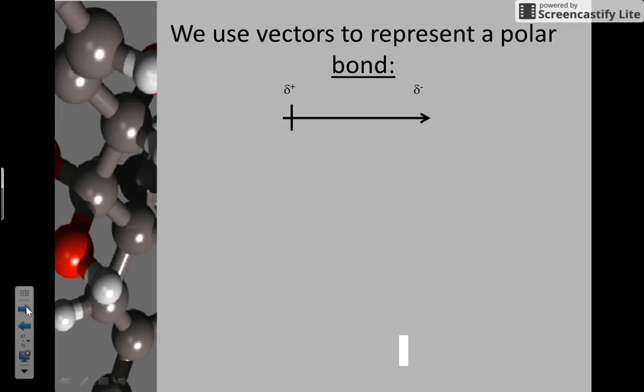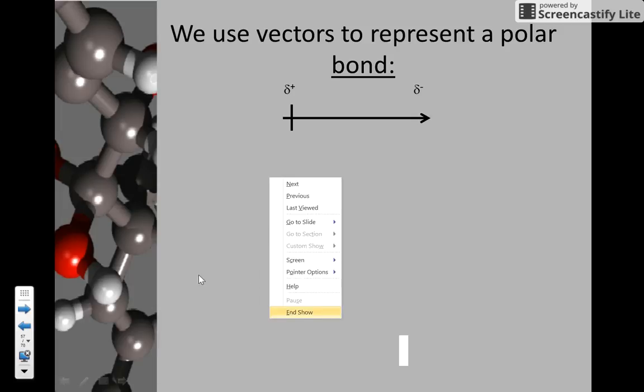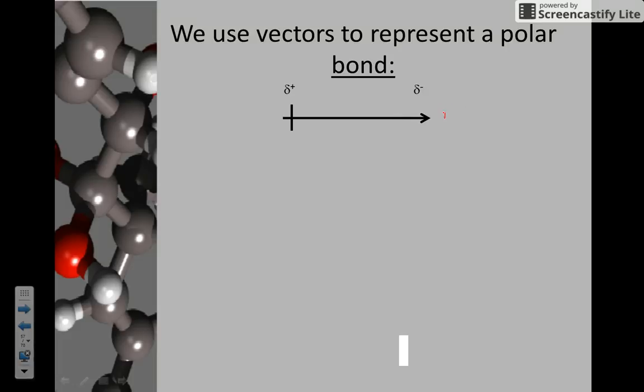And the way vectors work is if you have 2 vectors pointing in the same direction, like if I had this vector here, and if I had another vector, let me pull my pen up here, if I had another vector exactly like it, pointing in the same direction, let's assume these are equal magnitude, then you would add them together. Let's say this is 1 unit, and this would represent 1 unit.